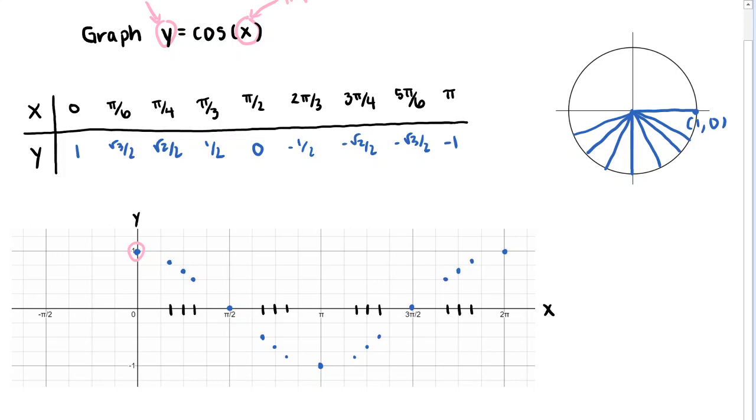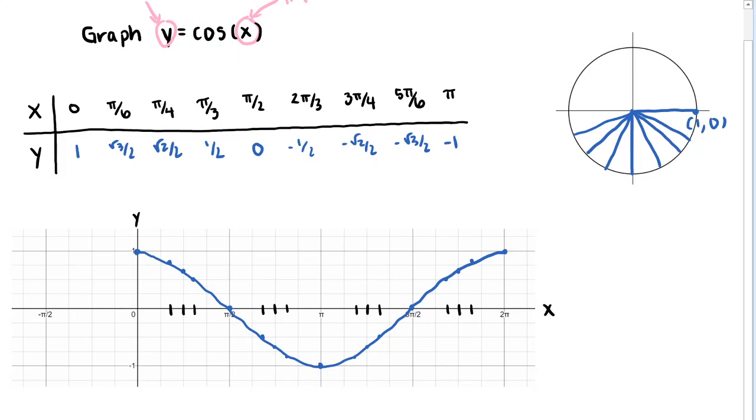And so if we sketch out the curve that goes through these points, this is going to give us the rough sketch of our graph of our cosine function. And just like before, as we go through angles past 2 pi, we're going to start repeating ourselves.